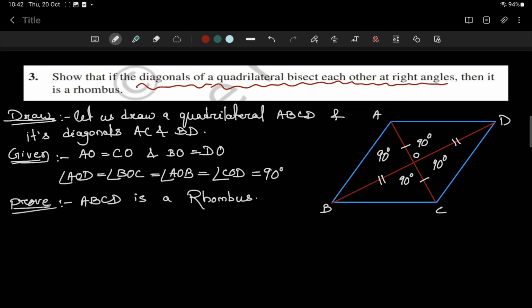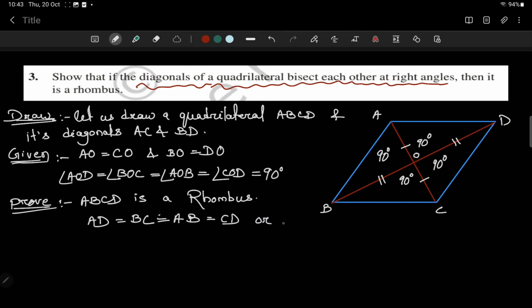Okay, so that means you have to prove that AB equals to CD equals to AD equals to BC. This much you have to prove.